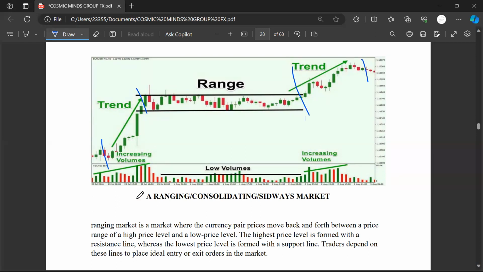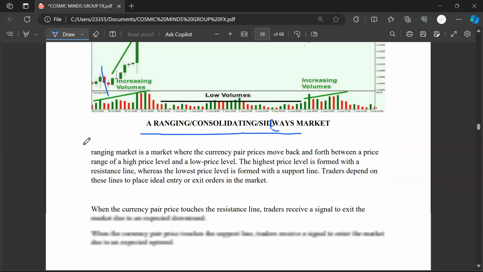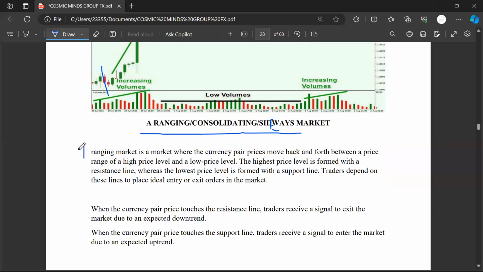Now, like I said, look at the name: ranging, also called consolidating, or better still, sideways. Sorry, I think there was a wrong spelling here. Sideways, like you know. Sorry about that.